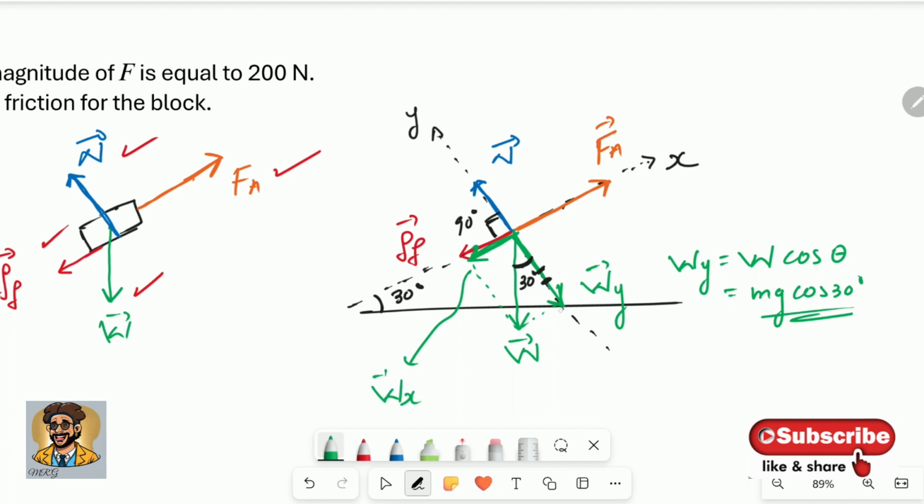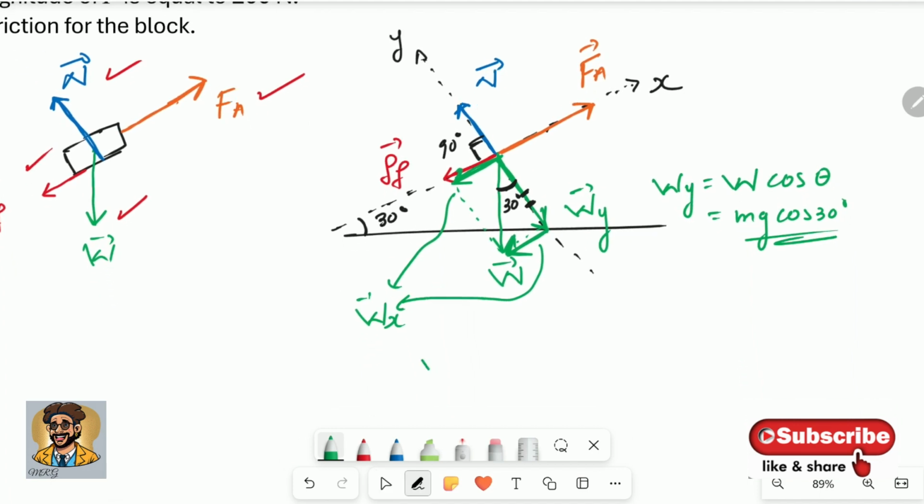That one, you can also move it here to the side of the triangle, and you can see its opposite side. So how can we calculate that one there? Weight in x is equal to weight multiplied by sine theta. It's the opposite side. So this one is mg multiplied by sine 30 degrees. That is how we can calculate that component. The question doesn't say go too far, they say break it into components. It's just the drawing. Okay.